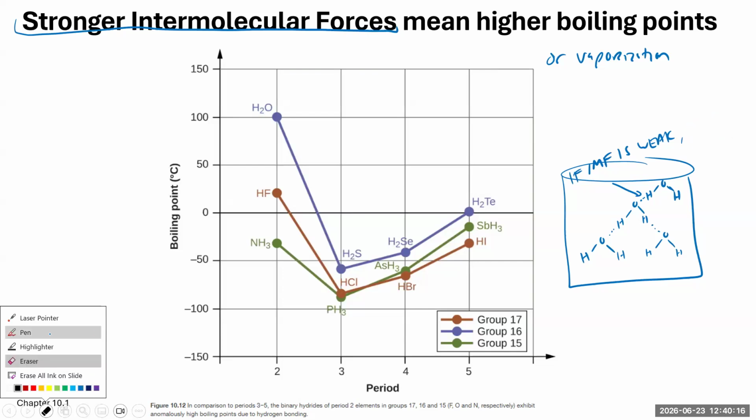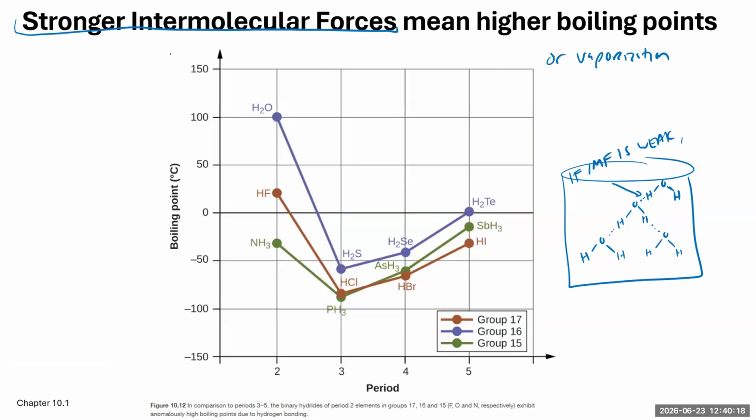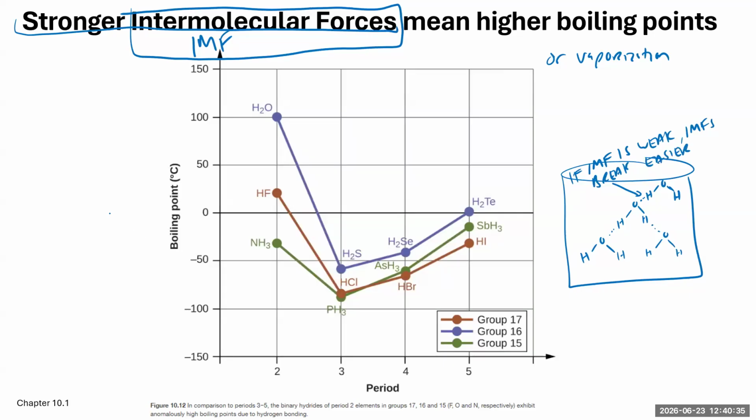If IMF, intermolecular forces, are weak, IMFs break easier. So let's say we had a pot of something like H2S.